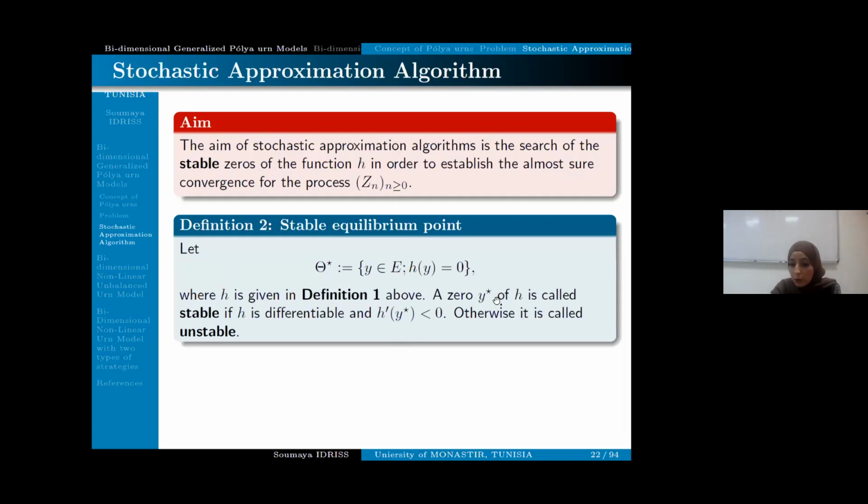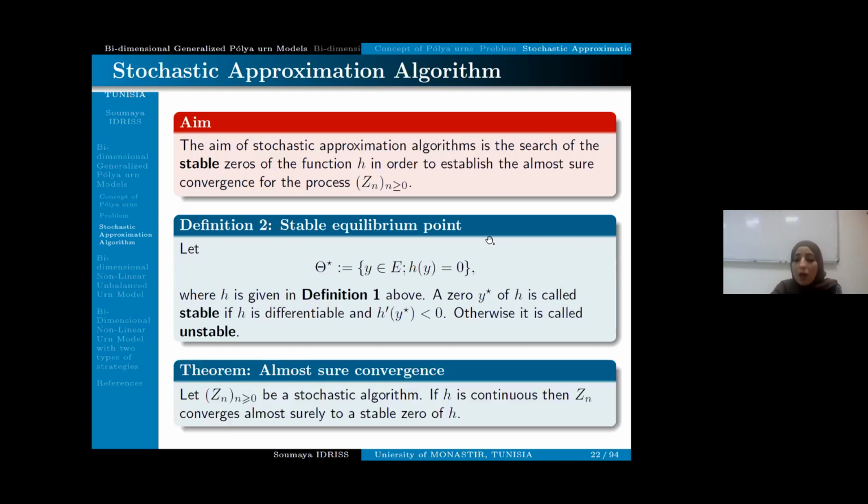A zero y star of h is called stable if h is differentiable and the first derivative of h at that exact point is negative. Otherwise, it is called unstable. Now, once we've determined the stable zeros of the function h, we have this almost sure convergence. We have the following theorem, which states that if h is continuous, then Zn converges almost surely to a stable zero of the function h.